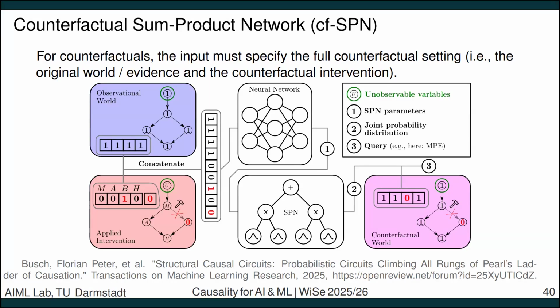And once we have those SPNs, we can perform those counterfactual queries. And the main point here really is that it's about tractability, it's about performance, because if we are in the domain of thousands of variables, all those other methods will simply break down, while SPNs can still perform that inference in linear time in the number of edges.